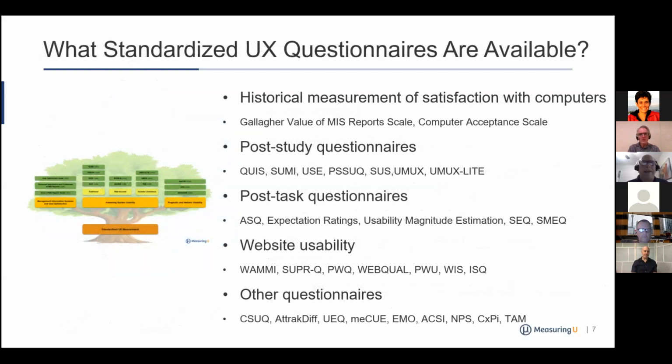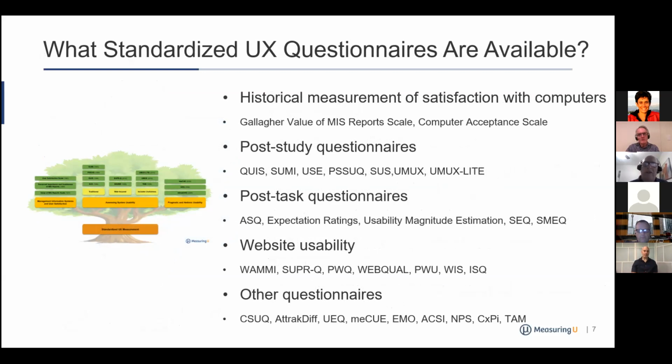Now, there are a ton of instruments that are available. Historically, going back to the 1970s, some standardized instruments began to pop up for MIS reports, computer acceptance.